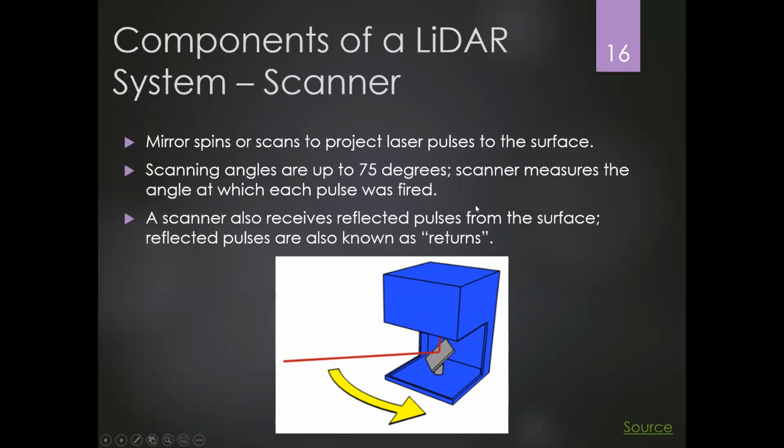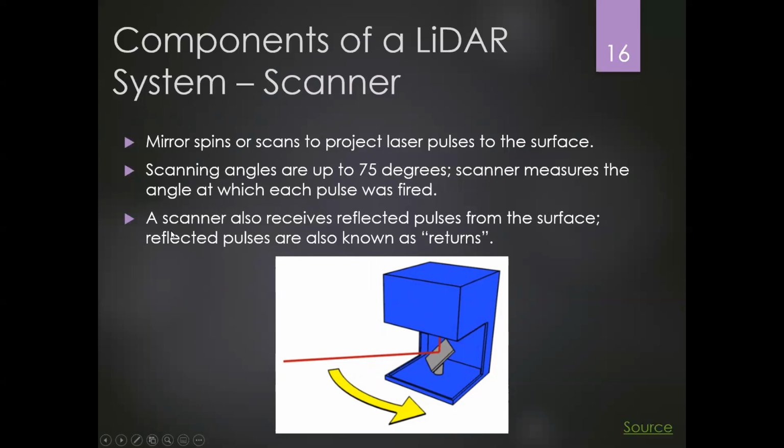Okay, and also IMU, I mentioned before, it was for detecting the attitude of the sensor. The scanner and IMU together will measure the accurate attitude of the sensor and the direction of the pulse.